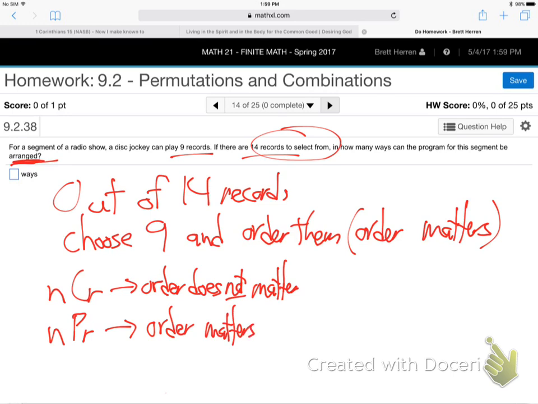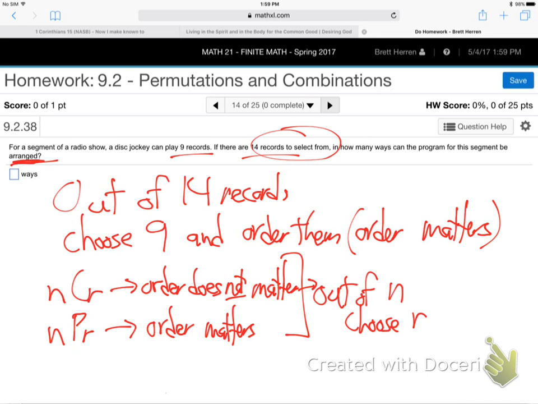Both of them mean out of n, choose r. You can say it like choose or pick. It's not really pick, it's permute, but that works. So out of n objects, choose r.